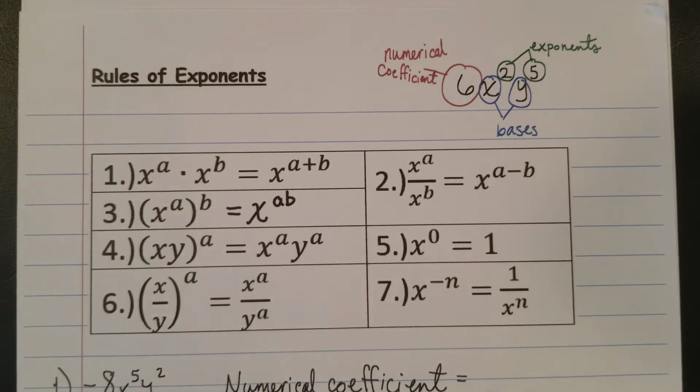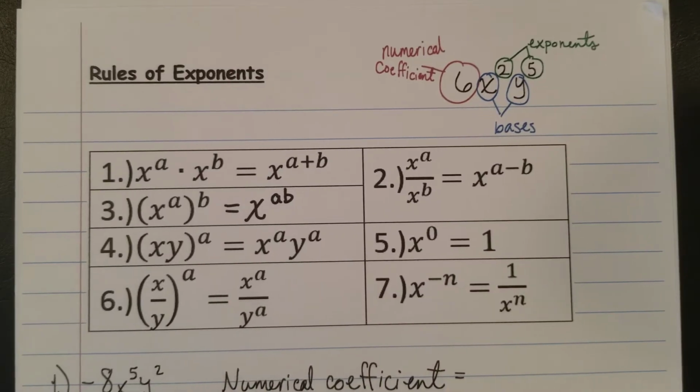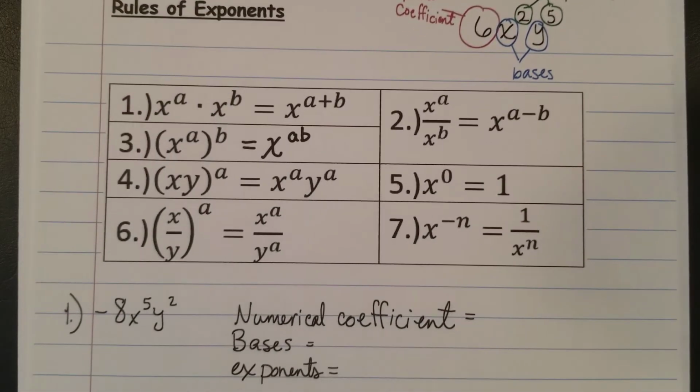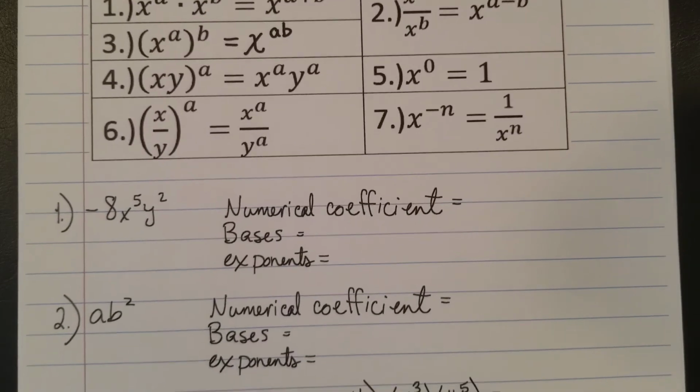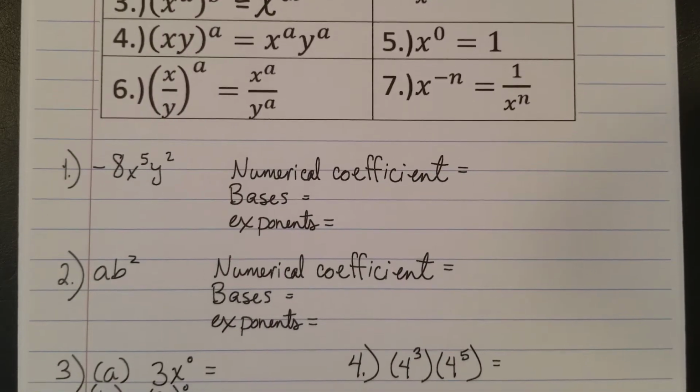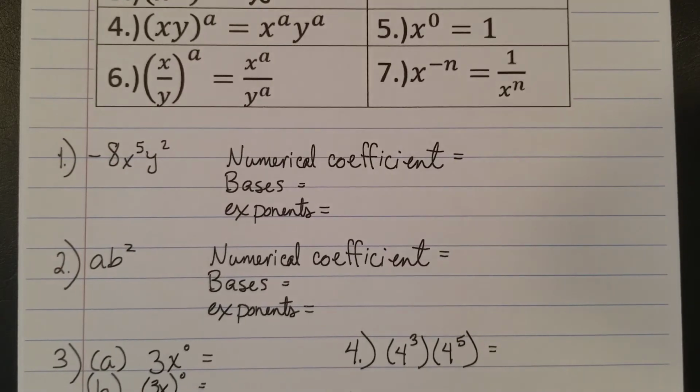And so we have a couple questions on here, just pretty much asking us to identify the numerical coefficient, the bases, and the exponents. So let me just cover those right now, and then we'll go back and go over the rules.